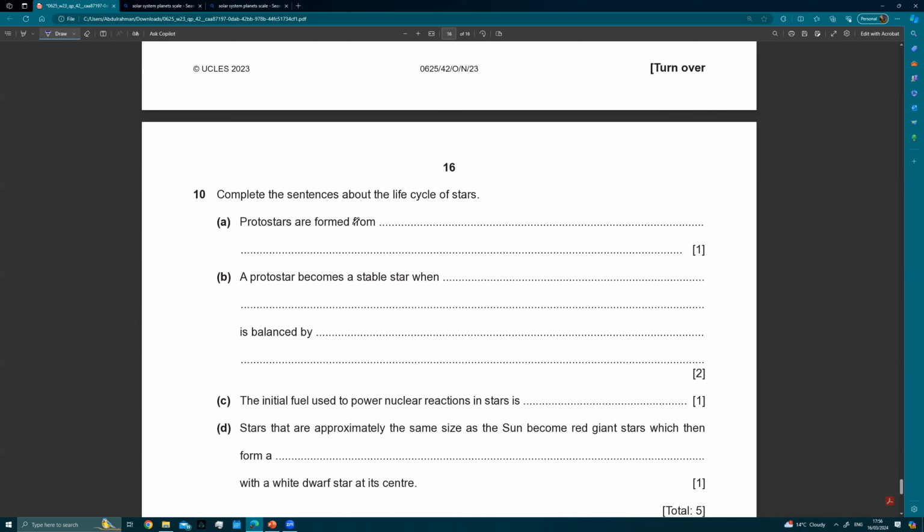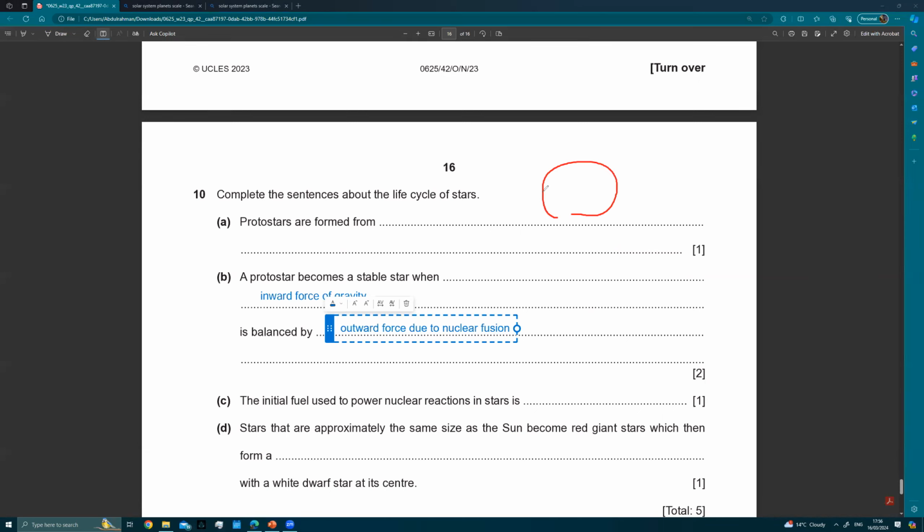Then a protostar becomes a stable star when the inward force of gravity, which pushes the star inward, is balanced by the outward force due to nuclear fusion. Fusion releases energy, pushing everything outwards, and these are balanced. That's when a protostar becomes a stable main sequence star.